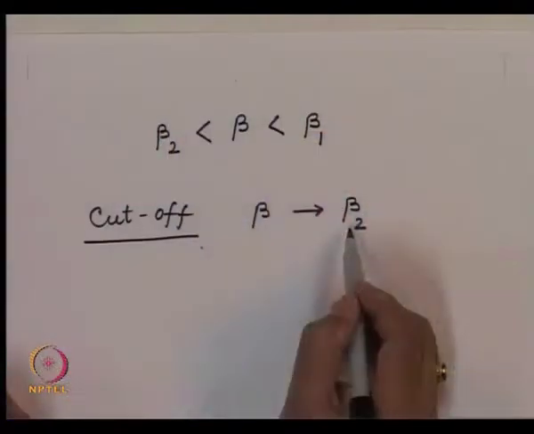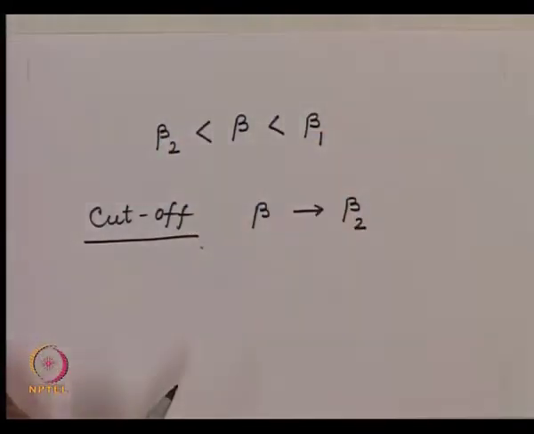Beyond that, the mode propagation doesn't remain meaningful, because we very quickly lose the energy inside the cladding. So for a well confined propagation of light inside the core, we should make beta as large compared to beta 2 and as close to beta 1 as possible.